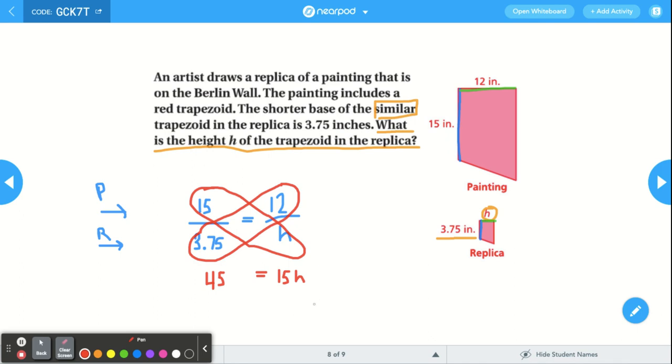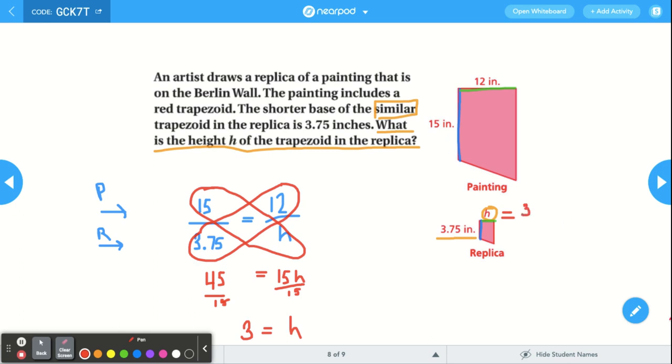And then I need to get the h by itself. So in order to get the h by itself, I've got to get rid of this times 15. So the opposite is divide by 15. So 45 divided by 15, use the calculator, and I got 3. So this h up here at the top is 3.